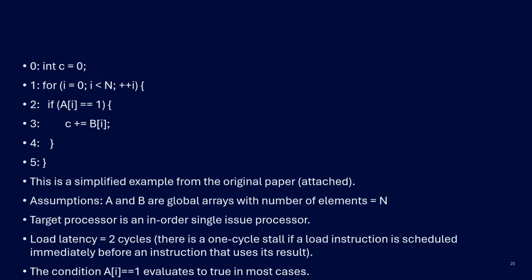What are the successors of D? E. Why is that? R5, because of this. And what about the successor of E? Nothing. Actually, there is a loop carried dependency, but inside this loop there is none.